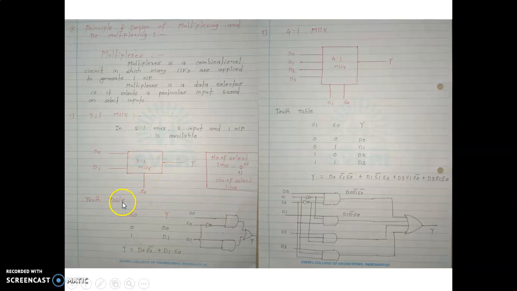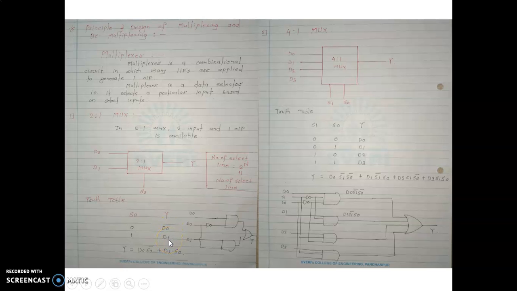So we have to implement this 2 is to 1 mux by using gates. So here first we have to consider the select line and then we have to consider the output. The select line can be represented with S0. The input of select line should be 0 or 1, and in the output column we have to consider the inputs, which are D0 and D1.